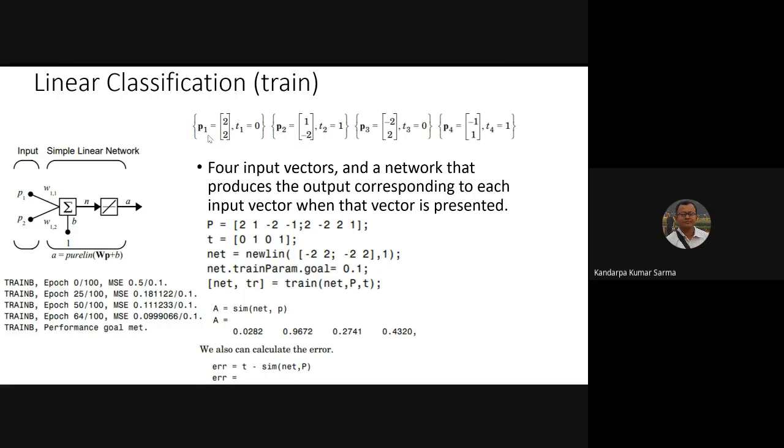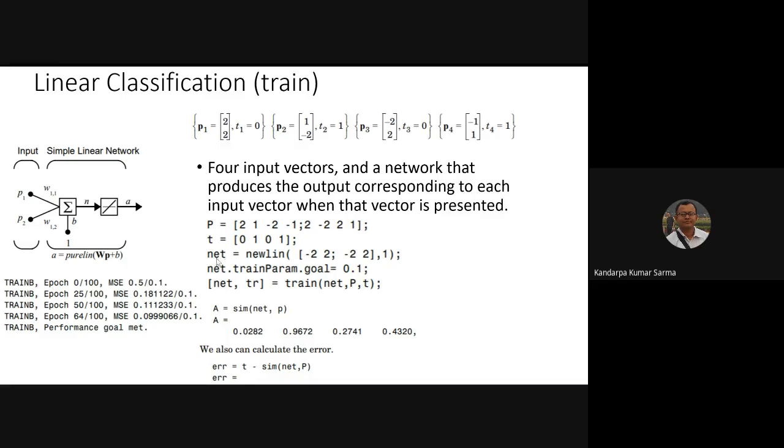P will be the pattern vector, and P1, P2, P3, P4 shall be the subset of the pattern vector, while T1, T2, T3, T4 will be the subset of the target vector. So that way we can fix the pattern and target.